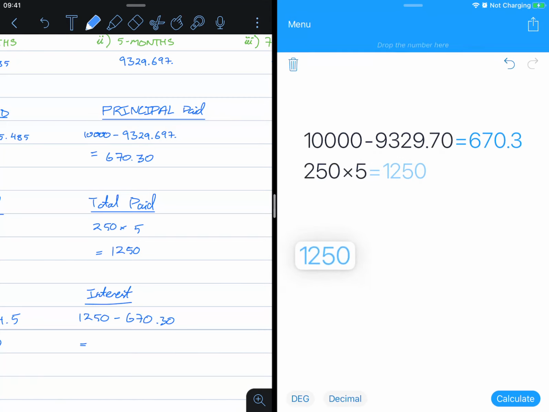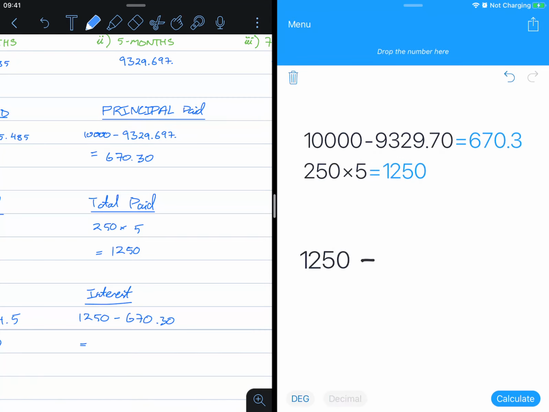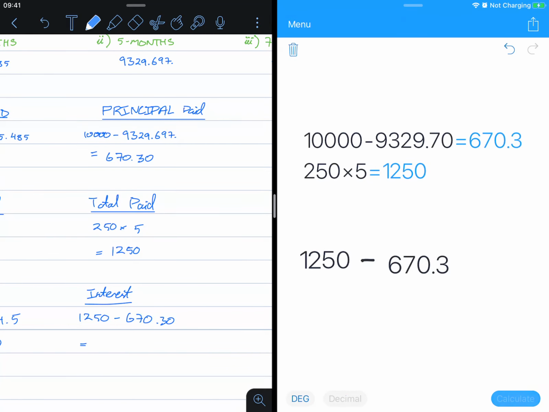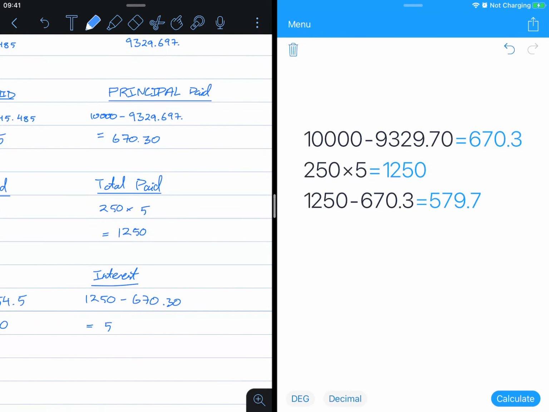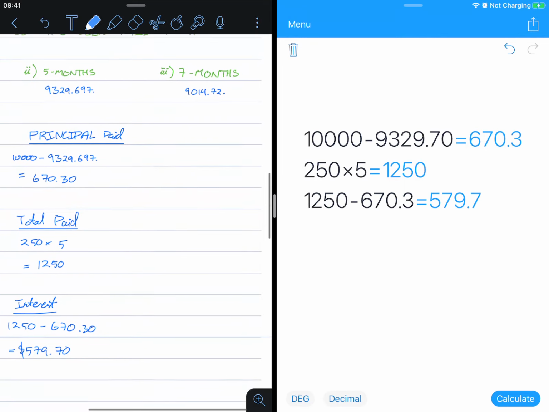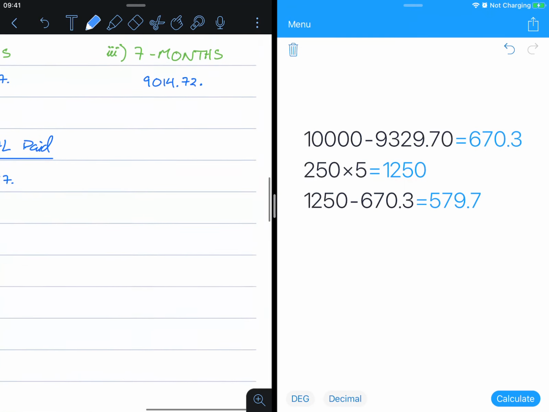Let's take this amount minus the principal paid, $579.70. I can repeat this again and again, but I'm sure you're getting the idea here.